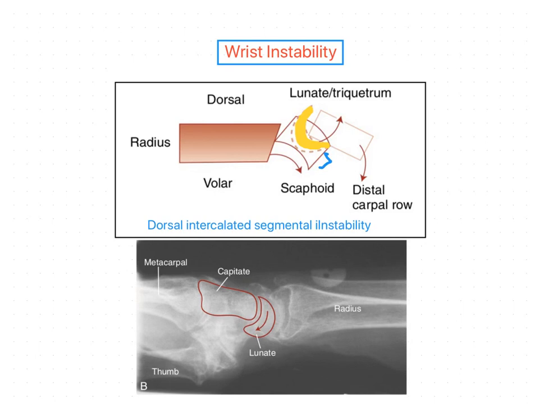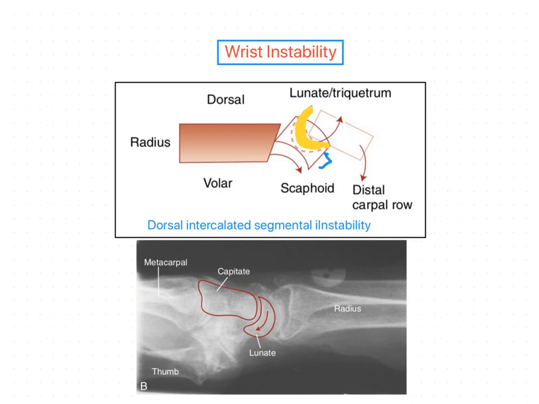Okay, so the same thing is going to occur here. What is happening now? Because of some disturbance or injury to these ligaments, the scaphoid becomes an unstable segment, and it has a natural tendency to collapse into flexion.